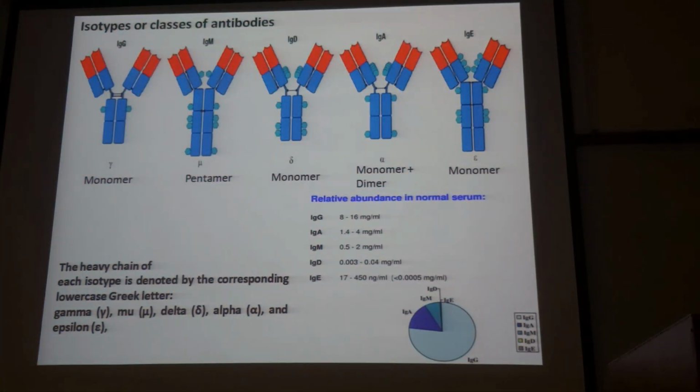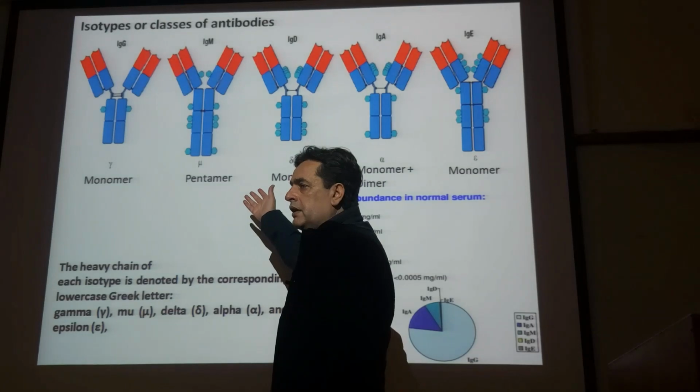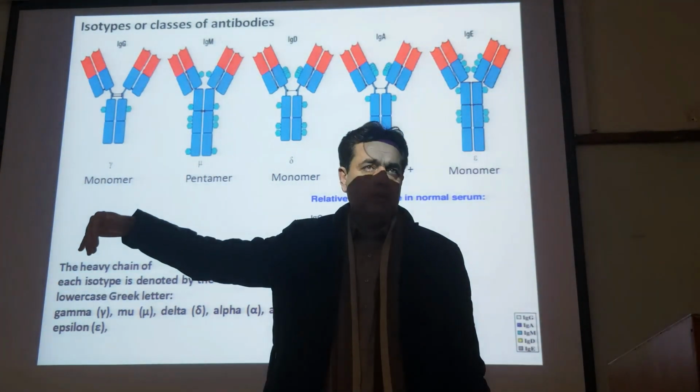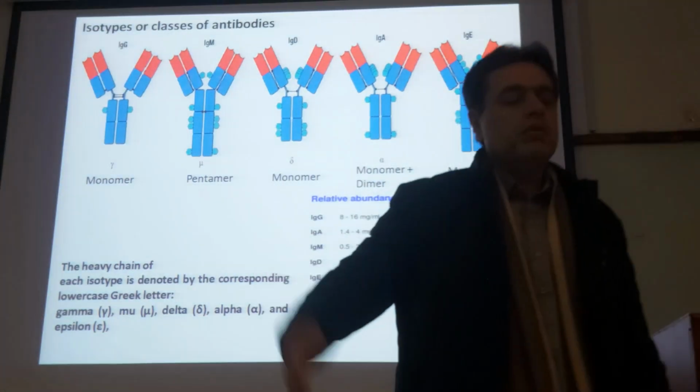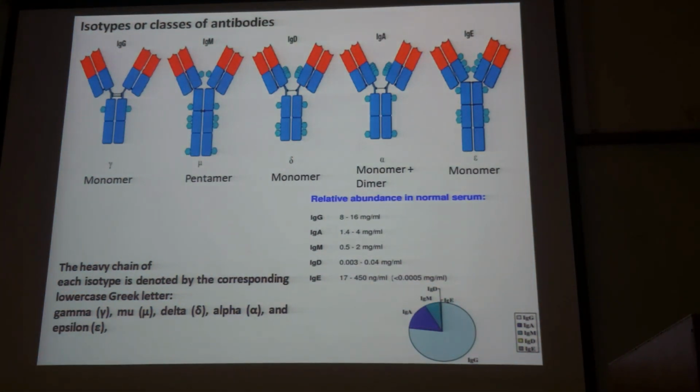So this class switch can help the B cells to produce a different kind of antibody according to the situation. For instance, a B cell can be influenced by interferon gamma secreted by T cells to switch from IgM to IgG, or by other interleukins like interleukin 4 or interleukin 5.